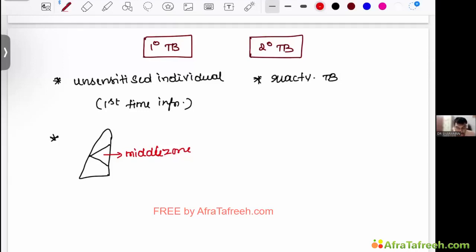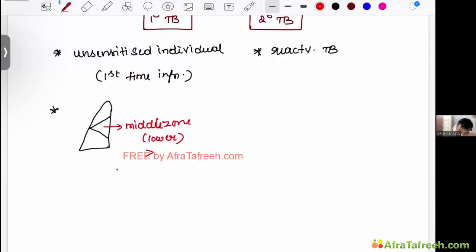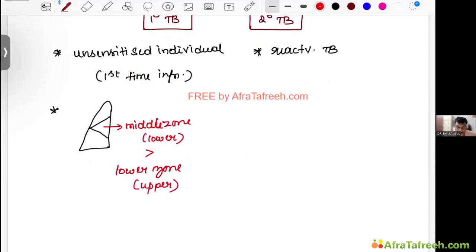Specifically, it is the lower part of the middle zone; the next option is the upper part of the lower zone. That is going to be the most common site to get involved.